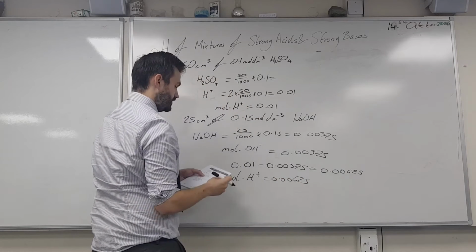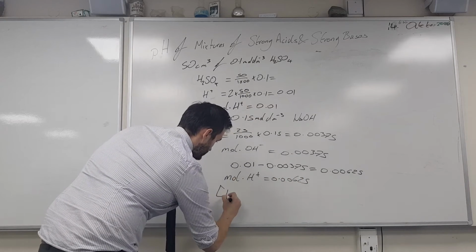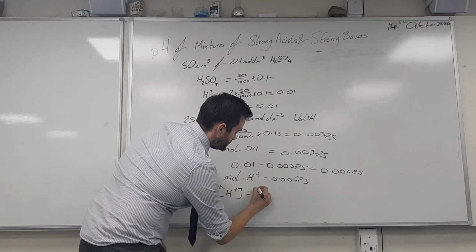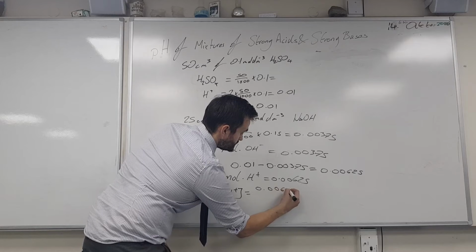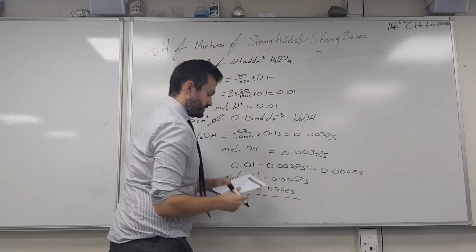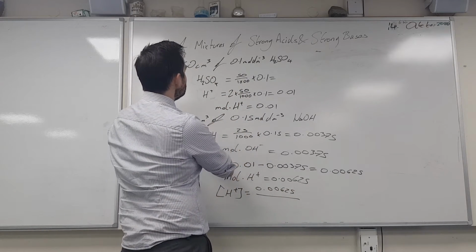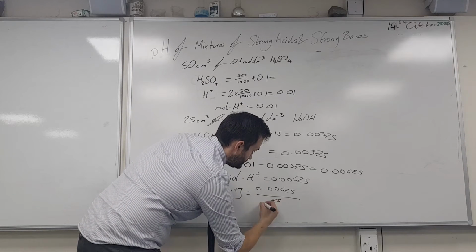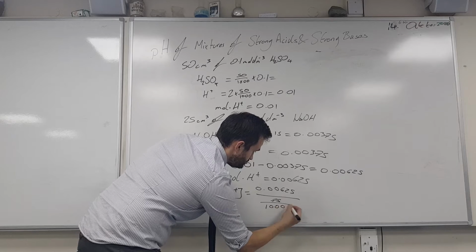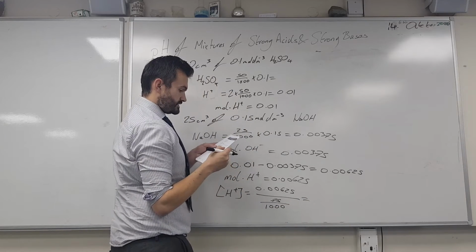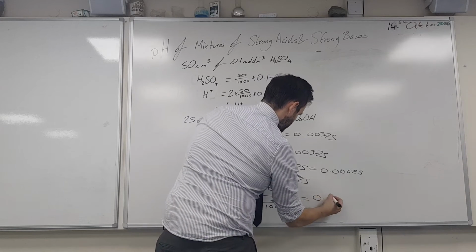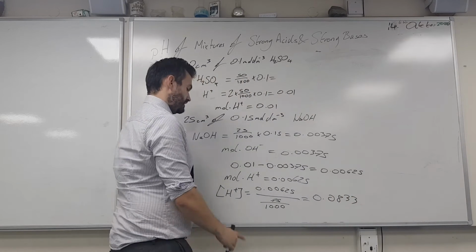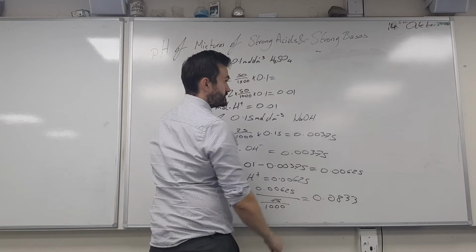We want the concentration of H plus ions, so that's 0.00625 over our total volume, which is 25 plus 50, so 75 over 1000. That gives us a concentration of H plus ions of 0.0833.